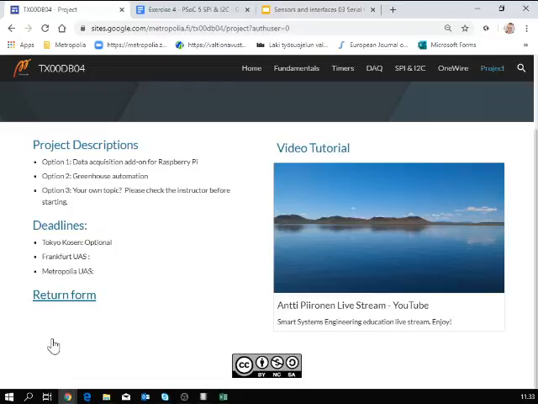Or if you have a better topic than these two, you can also say, okay, I have this kind of idea, would it work as a project? So if you have some extra time available, why not use it for learning more PSOC and doing something useful? So option 1, you would get famous, definitely.